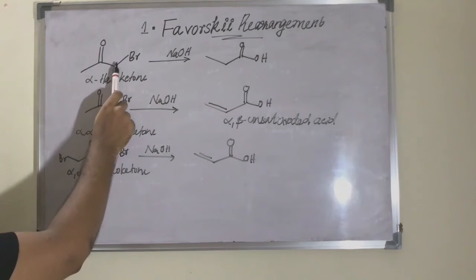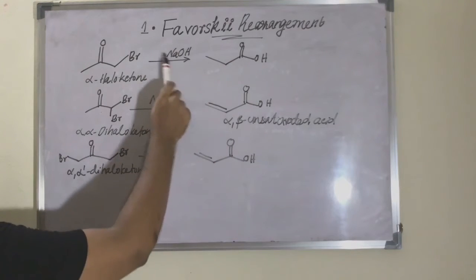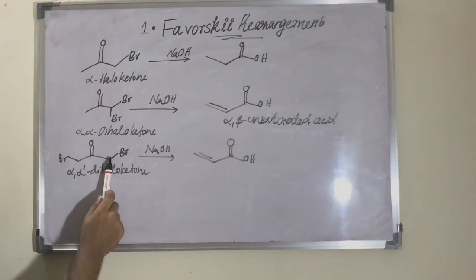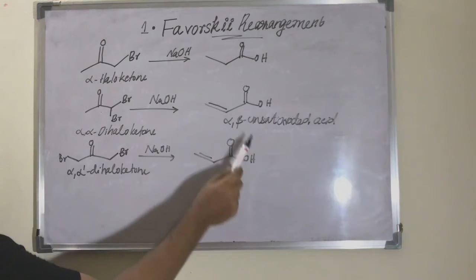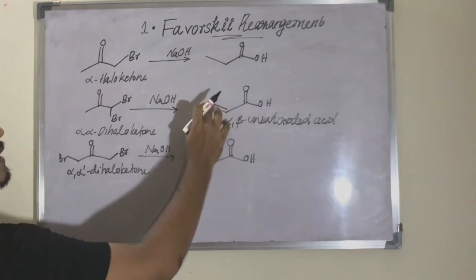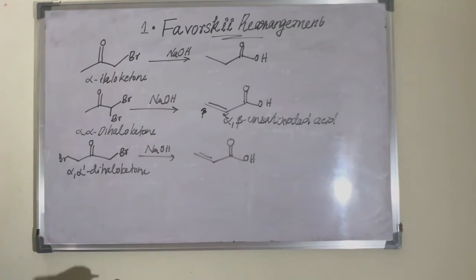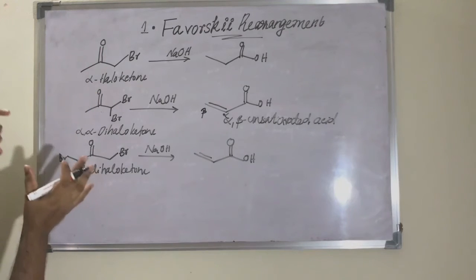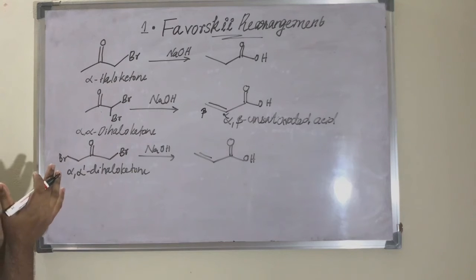Alpha haloketone gives you carboxylic acid if you treat with NaOH. But alpha dash gives you alpha beta unsaturated carboxylic acid. The difference is that you have a double bond at the alpha beta position.